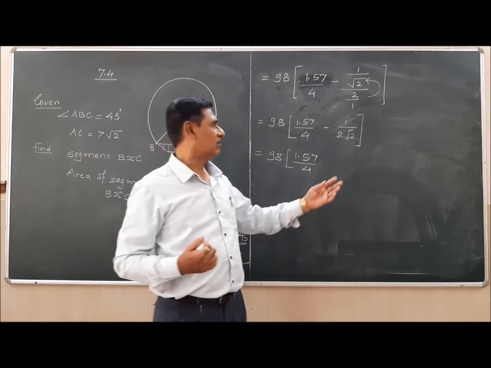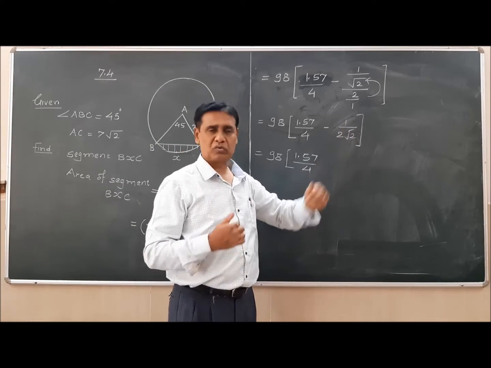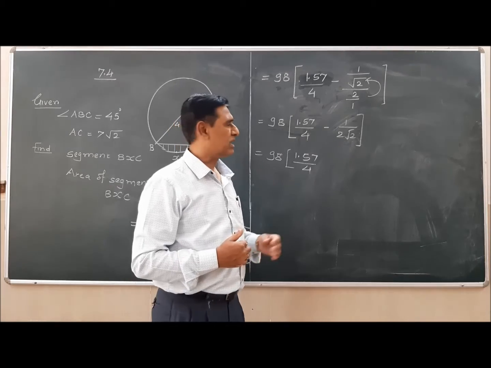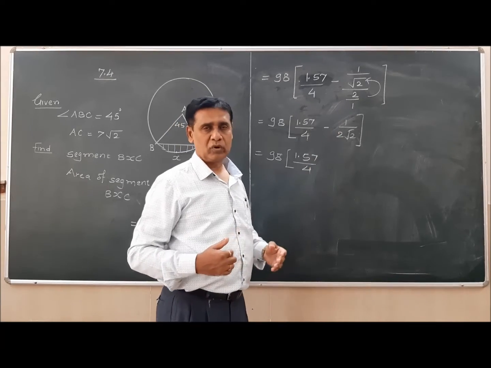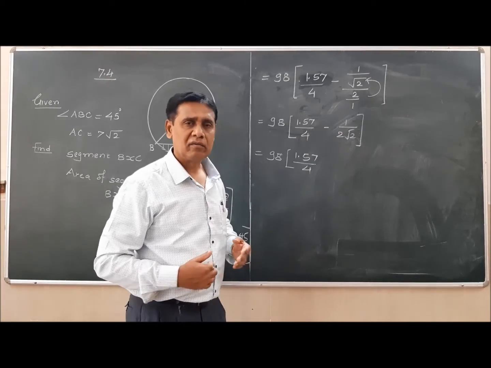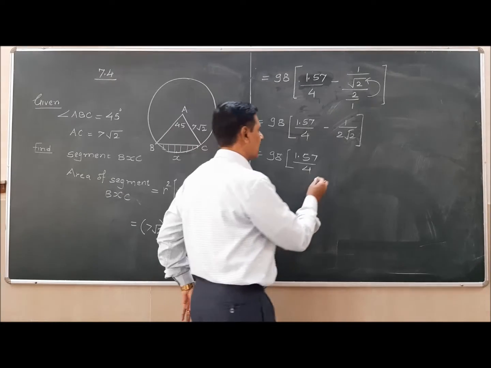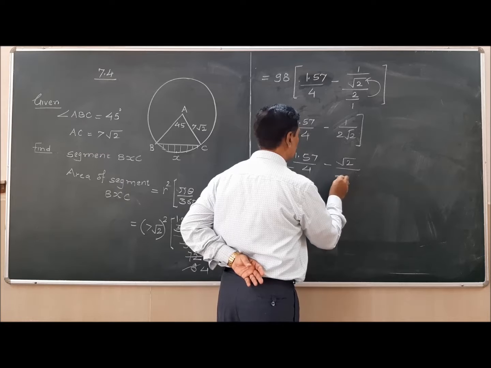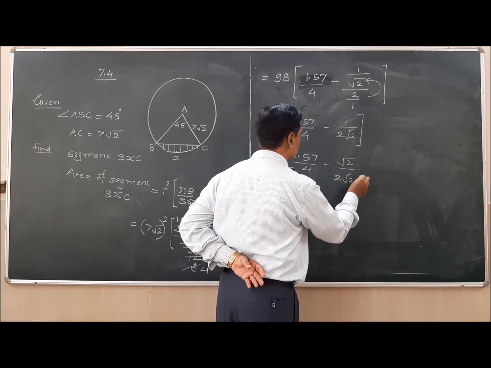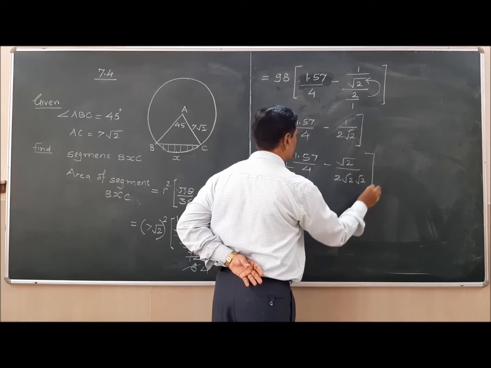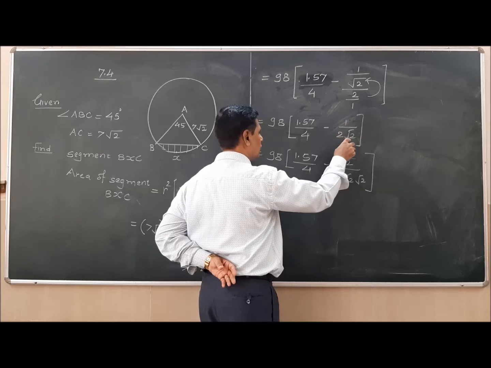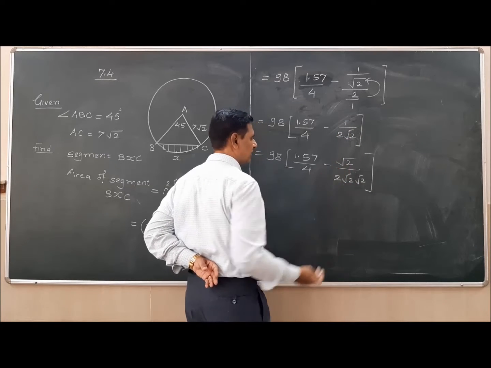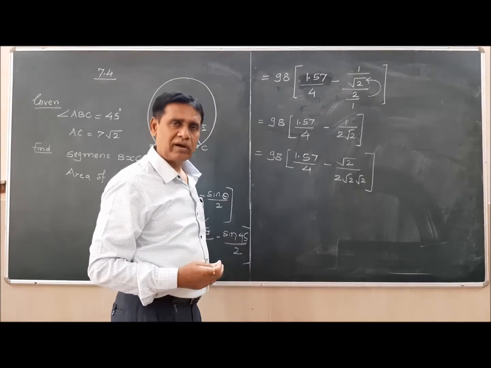Here you will find we obtain 1 upon 2 root 2. Root 2 is an irrational number. So to get rid of this root 2, I am going to multiply and divide by root 2. Now I will get root 2 upon 2 root 2 into root 2. I multiply 1 upon 2 root 2, the numerator by root 2 as well as the denominator also by root 2.